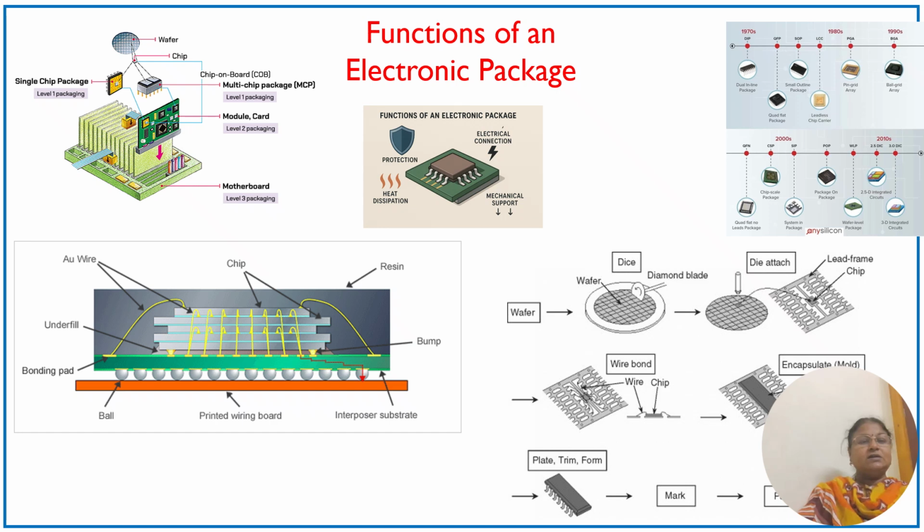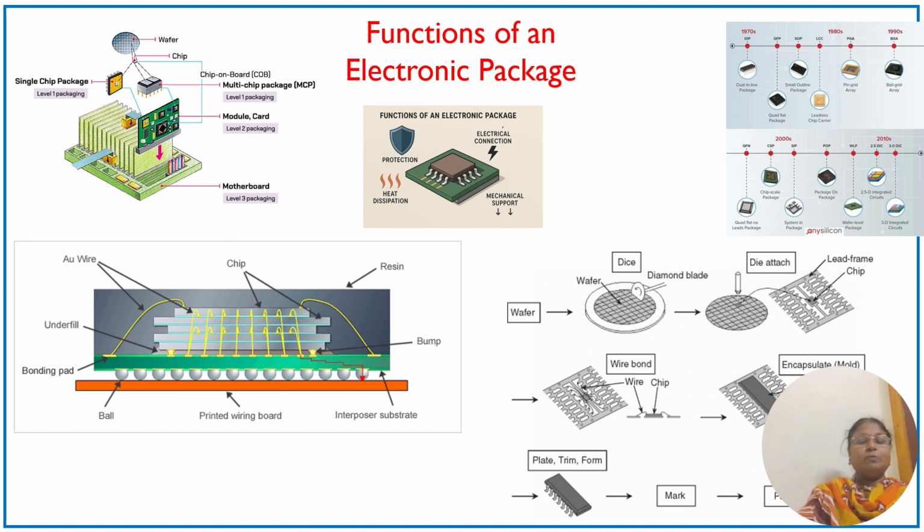And this is a single chip factory unit where it comes under level 1. I think the concept of level 1, level 2, level 3 and 4 is understood from the previous lecture.